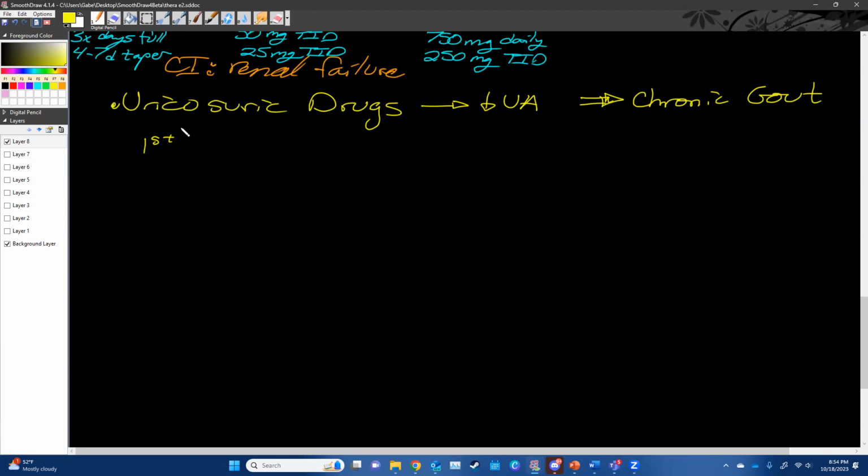First line, allopurinol. Hands down, the drug that we're going to be using is allopurinol. The alternative is febuxostat, but it really does not do the job.